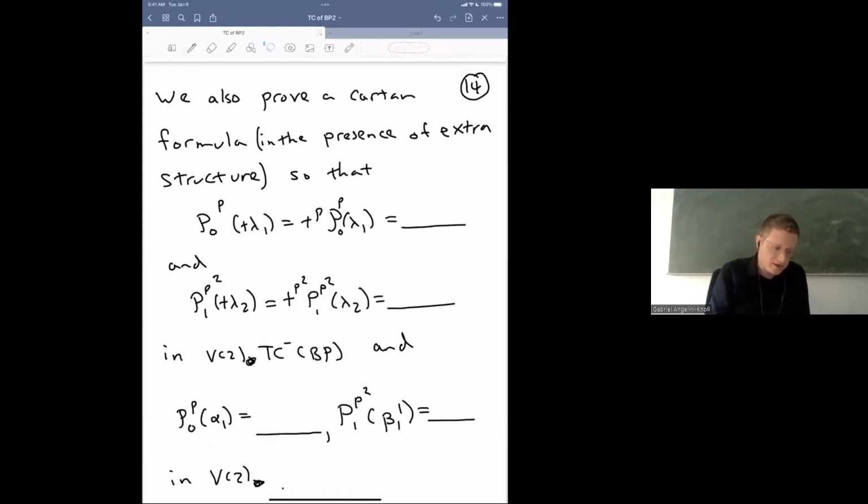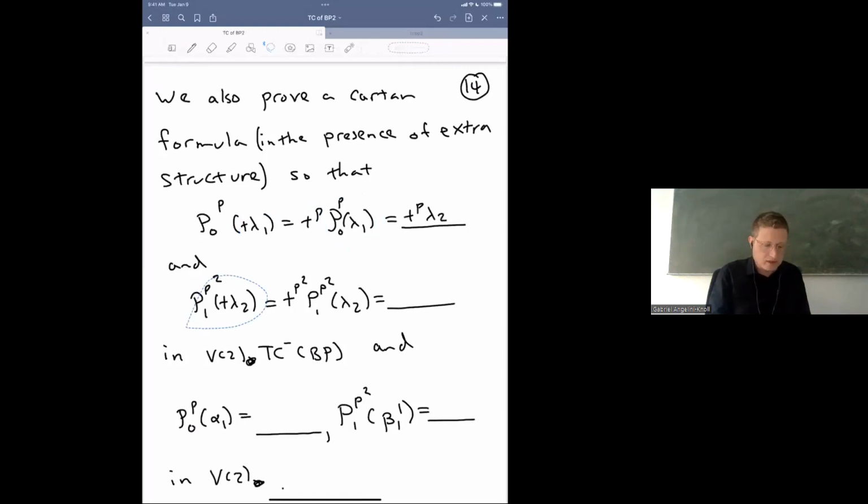So you have some Cartan formula so that you go from t lambda 1 to t to the p times this power operation on lambda 1. And then let's say we define lambda 2 to be the power operation on this lambda 1, and then you have to check that this way of defining lambda 2 is consistent with the other way of defining lambda 2 as an element in THH.